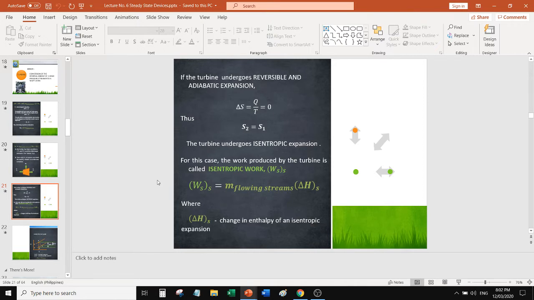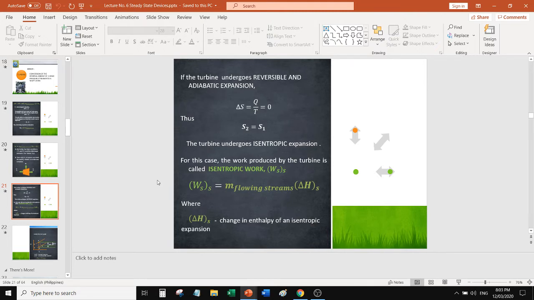Okay? So, pag ganon, diba, if isentropic, then delta S is 0. There's no change in your entropy. It remains the same. So that our turbine undergoes isentropic expansion. If that's the case, we would have isentropic work. So, another term for an isentropic work is the ideal work. Kasi nga, yun yung ideal conditions.